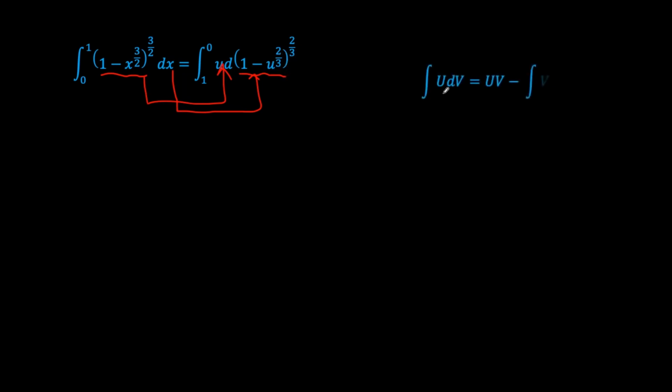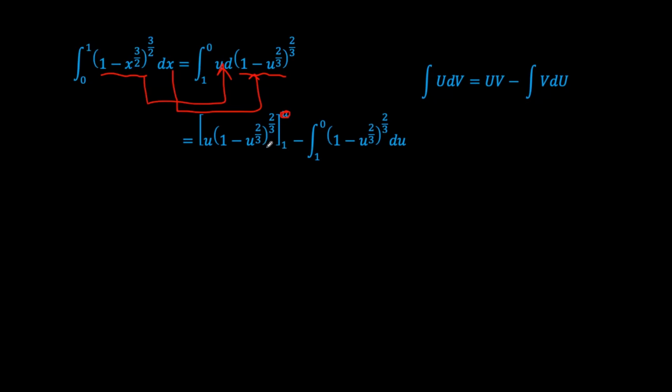And using integration by parts, if you have the product of u and dv, then that results in uv minus the integral of v du. So our dv is this, and our u is this small u. So now integrating that, uv is u times (1 minus u to the power 2 over 3), all to the power 2 over 3, and applying our limits appropriately.